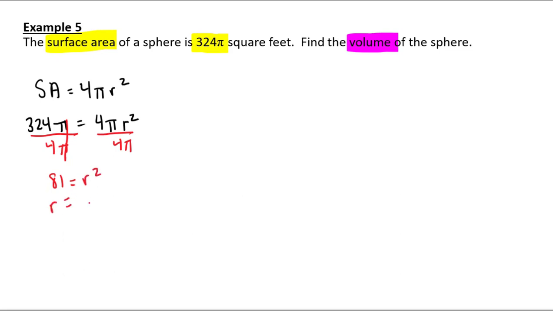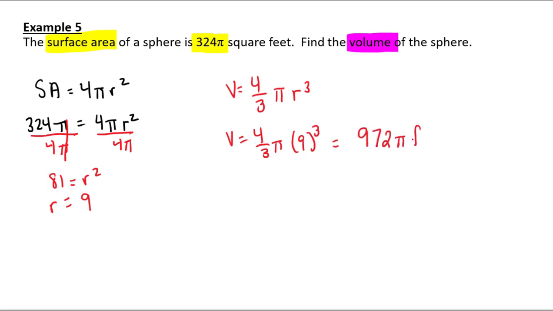So r is equal to 9. So then for my volume, 4/3, wow, that was a horrible looking 3. Let's restart. 4/3 pi r cubed ends up equaling 972 pi cubic feet.